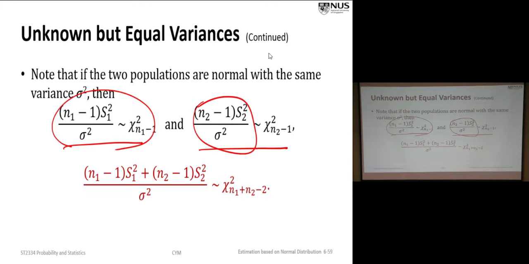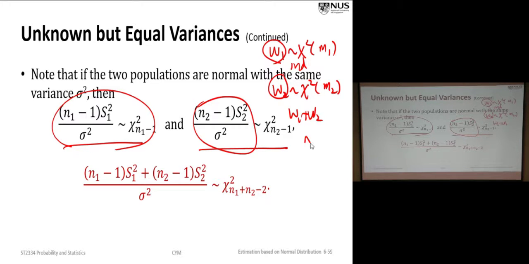You recall, if W1 follows chi-square with degrees of freedom M1 and W2 chi-square with M2, and if they are independent, then the sum of them will again follow a chi-square, and the parameter is just the sum of the 2 degrees of freedom. So it is N1 plus N2 minus 2.